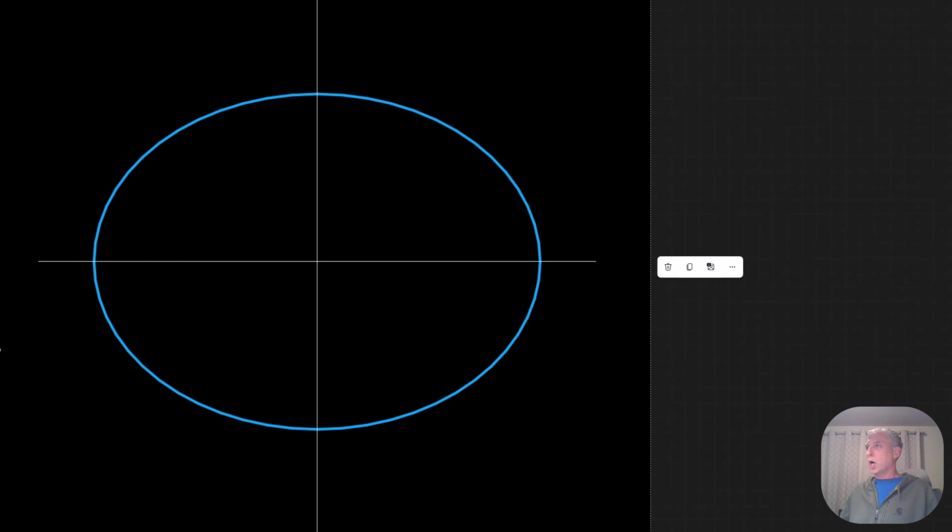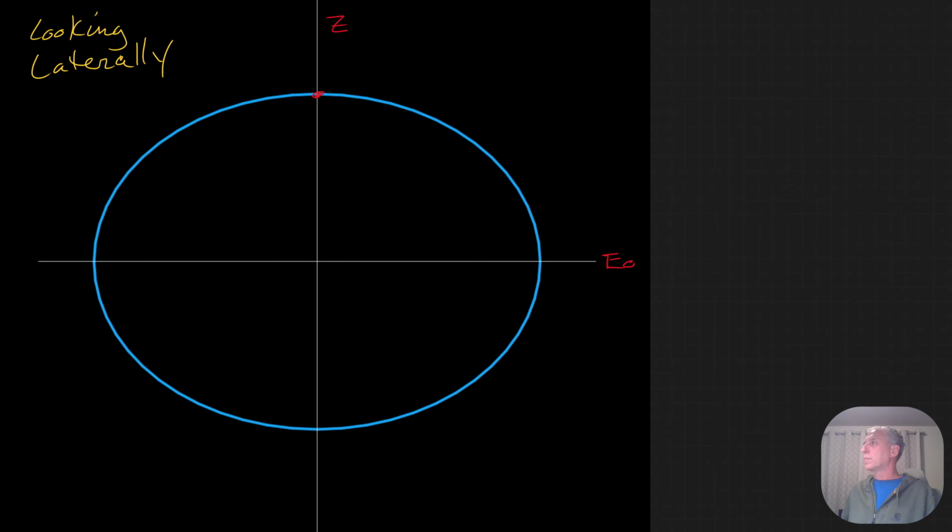So here's what's going on. With any ellipse, or ellipsoid, so here's our pole, and this would be our z-axis, and we're looking laterally at the ellipsoid. And this would be the plane of the equator.